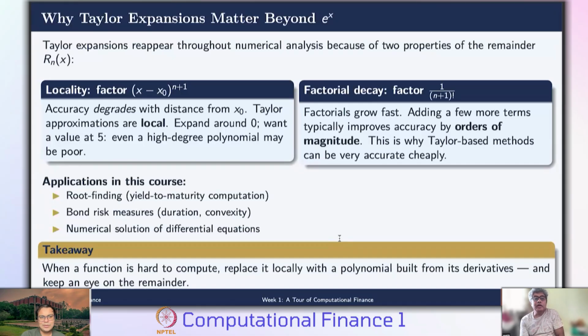Another is estimating the duration or convexity of a bond, which are typically risk measures you need. Another is the numerical solution of differential equations, which we will use a lot when we discuss option pricing. But I think we'll come to this in more detail at that point.